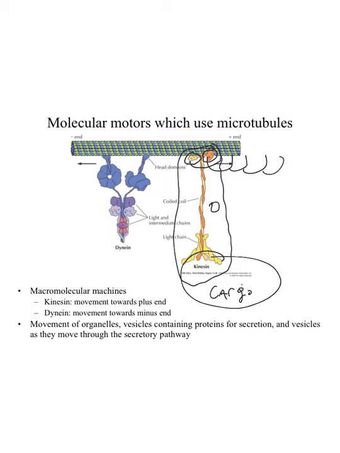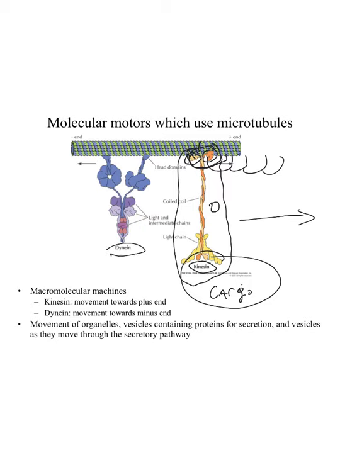The way that works is the head domain can bind to ATP and then hydrolyze that ATP, and the energy from that hydrolysis changes the shape of the head domain and moves it one subunit forward. So a whole lot of ATP is consumed in making these motor proteins work. Kinesin is the motor protein that moves cargo towards the plus end of the microtubule, so away from the nucleus, towards the periphery.